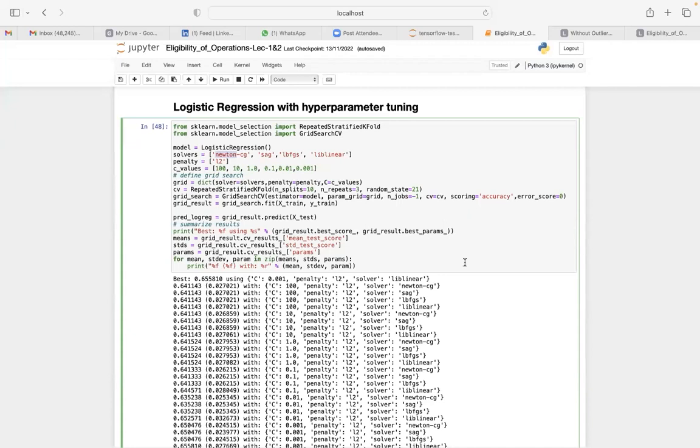Can you repeat for SAG and that one? SAG, LBFGS, and liblinear, basically they try to minimize the error when we compare the trained data set with the predicted outcomes. Okay, and it compares actual versus the predicted values, and tries to find out a statistically significant value. Basically, when you study the alpha value and beta value, similar concepts are here as well.